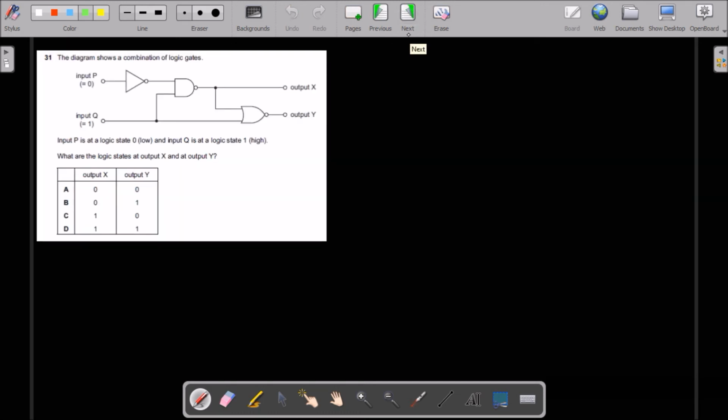Question 31. The diagram shows a combination of logic gates. Input P is at the logic state 0 and input Q is at the logic state 1. What are the logic states at output X and at output Y?